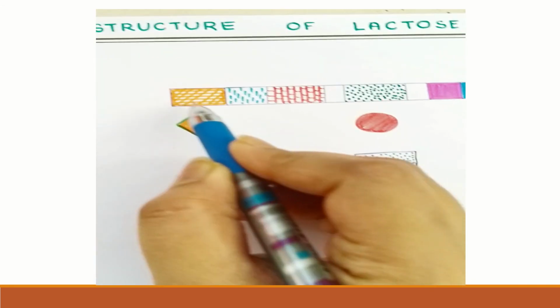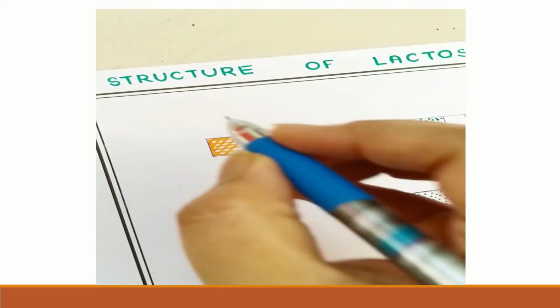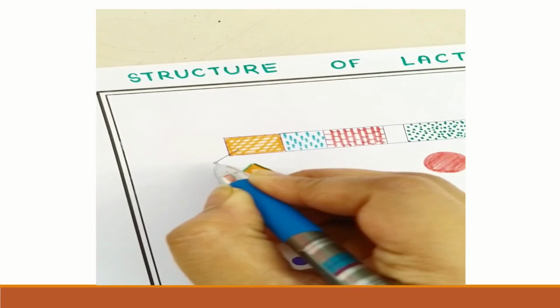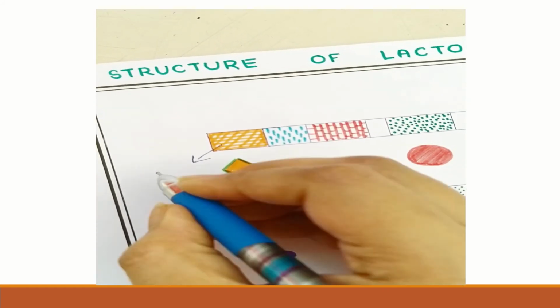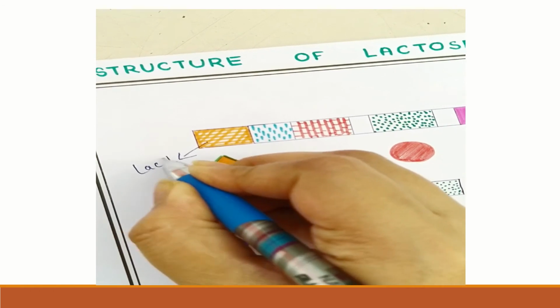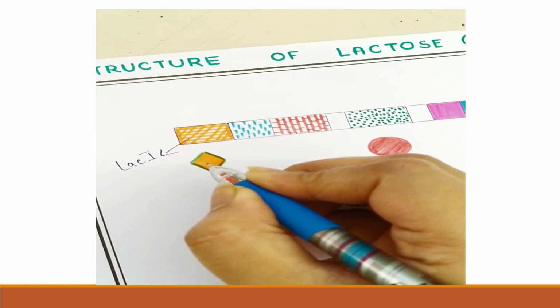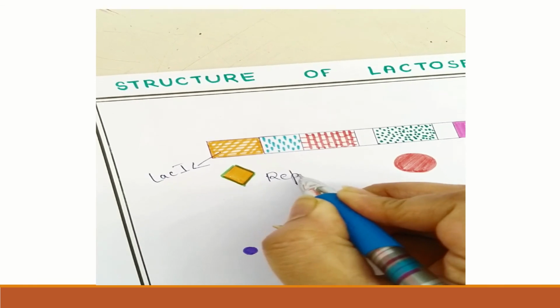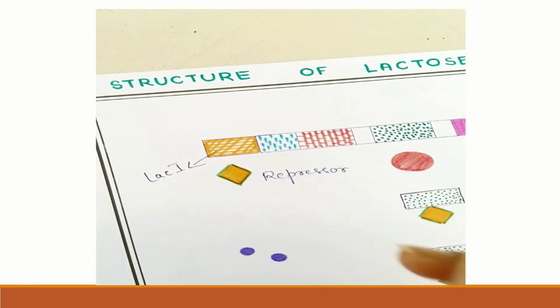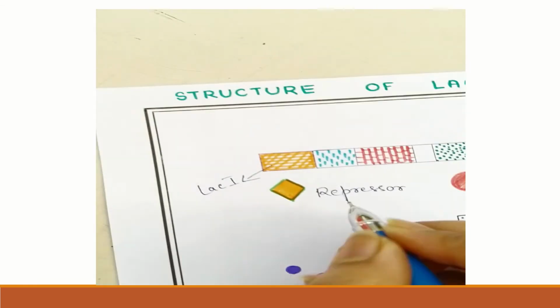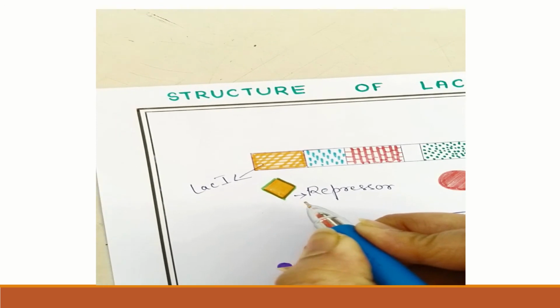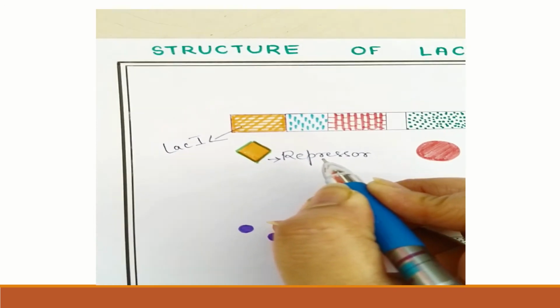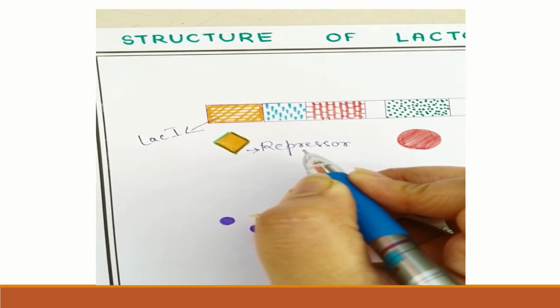This one is I. This codes for the repressor molecule. This is the repressor. This repressor is constitutively transcribed.